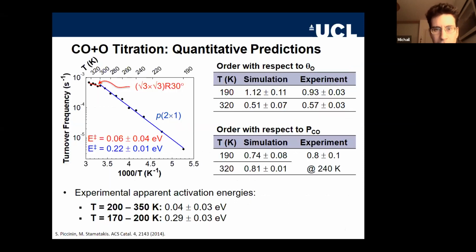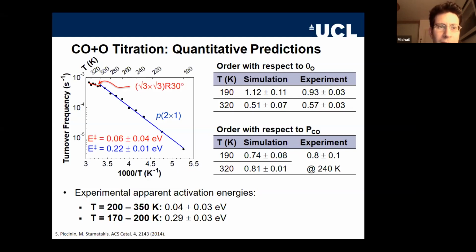So in the next few slides, I'm just gonna show a few results from some of these studies, just to make the point that these methodologies are actually useful in trying to understand these systems, and we have obtained high accuracy, good agreement with experiments. That's how we measure accuracy anyway.